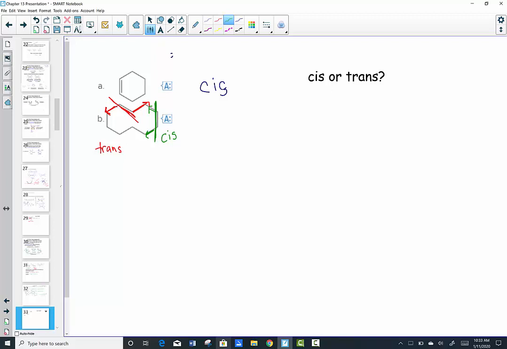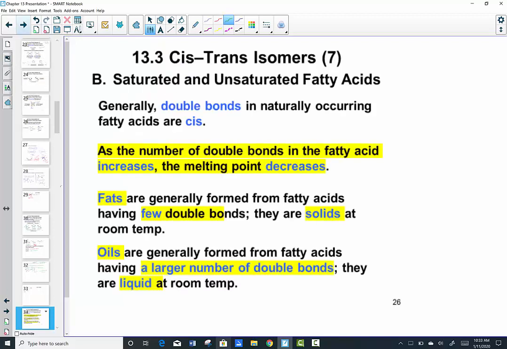One of the applications of cis-trans isomers occurs in a fatty acid, and it's just a nice wrap-up to put an application to understanding the value of cis-trans isomers. So generally, we see double bonds in all kinds of naturally occurring molecules. Fatty acids are unique in nature because they prefer the cis conformation, which happens to be the more crowded conformation.